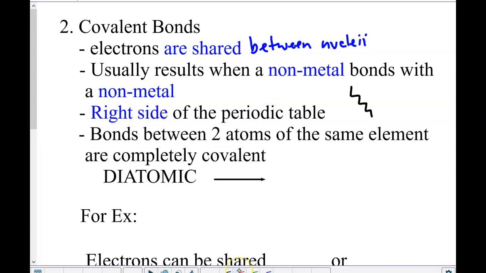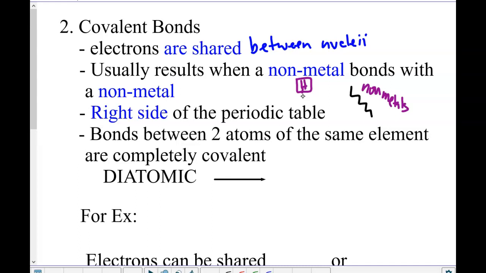So our nonmetals will all be in this area, plus hydrogen, which is all the way over here, but we know that hydrogen is a nonmetal. So hydrogen plus oxygen, nitrogen, fluorine, and all of the elements from group 14 over.